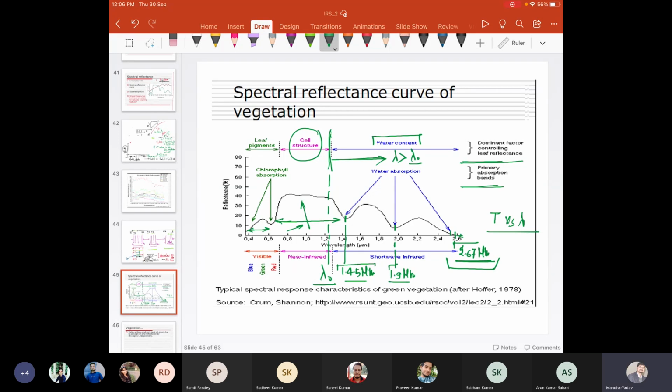Just see, we have a peak at green over here. It is due to the leaf pigments, and at blue and red there is a chlorophyll absorption.